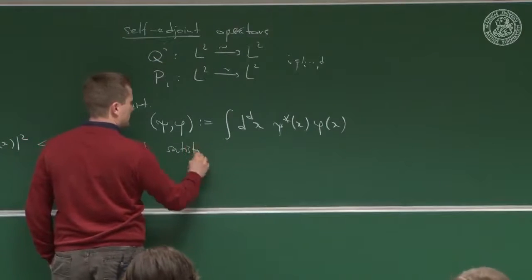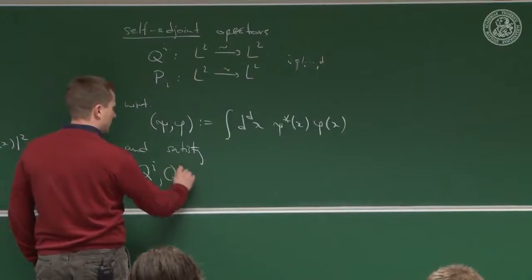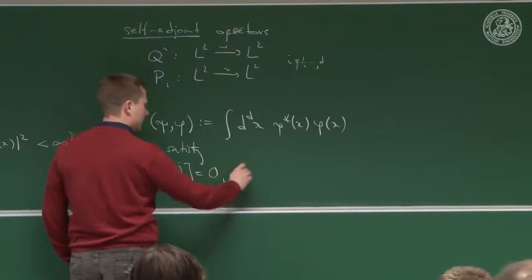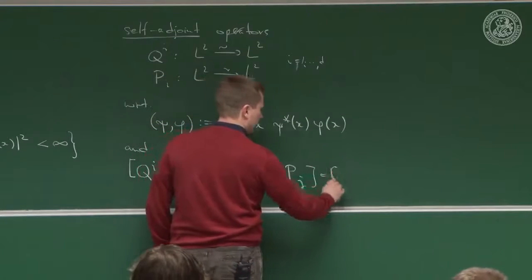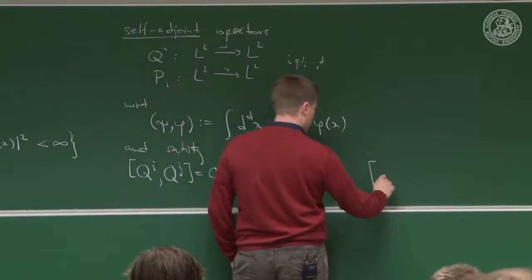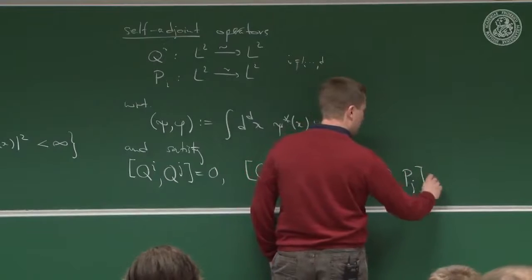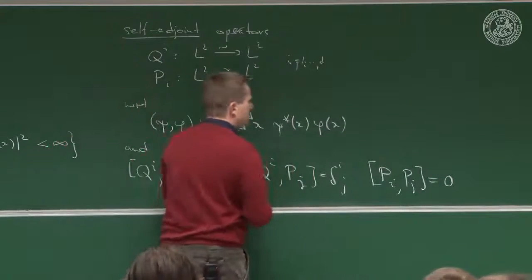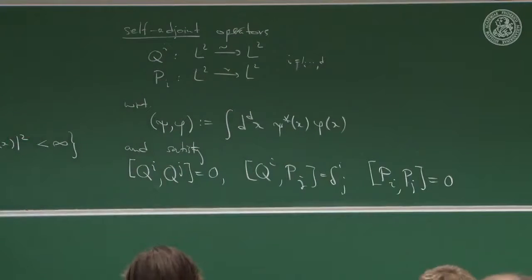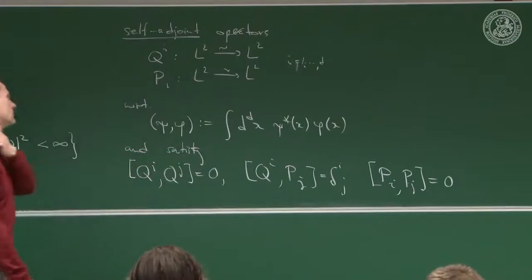They're also supposed to satisfy the commutation relations that Q_i, Q_j is 0, Q_i, P_j is delta_ij, and P_i, P_j again ought to be 0. Here you may insert h bar, but let's say h bar is 1. This is certainly the standard folklore of what you want to do.